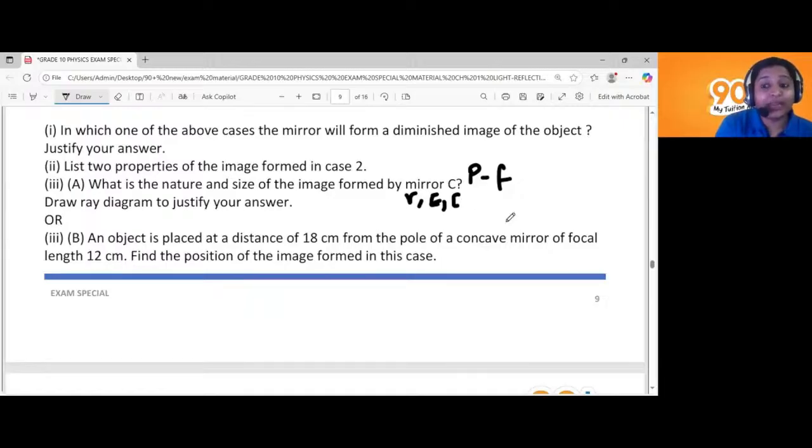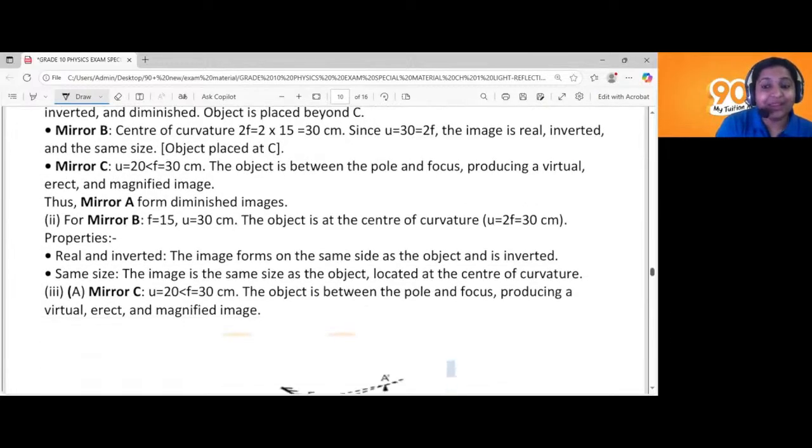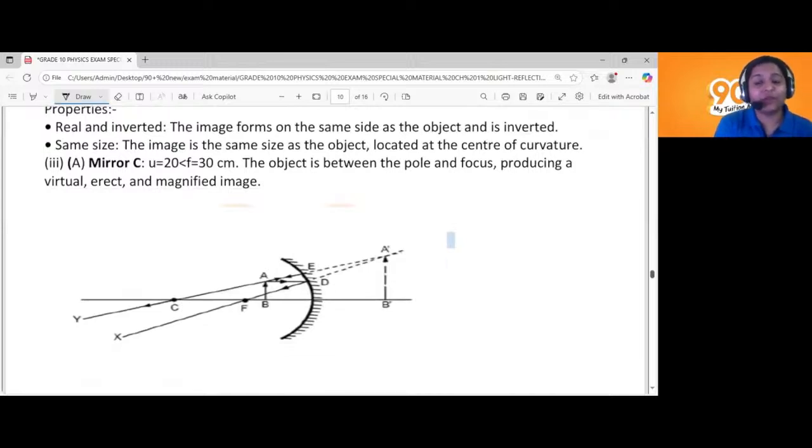Draw a ray diagram to justify that. Students, this question is very, very important. The image formation when you keep an object between the pole and focus is very important. So we draw the mirror, draw the principal axis, and mark the focus and the center of curvature. The object is placed between the pole and the focus. First ray, after reflection, will travel through the principal focus.